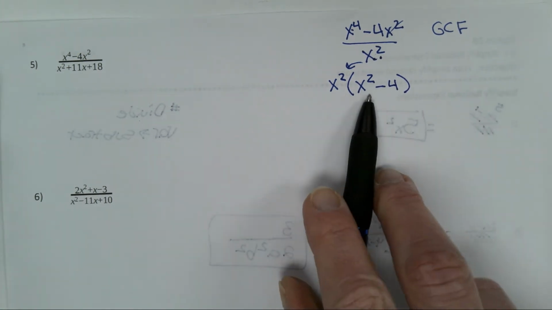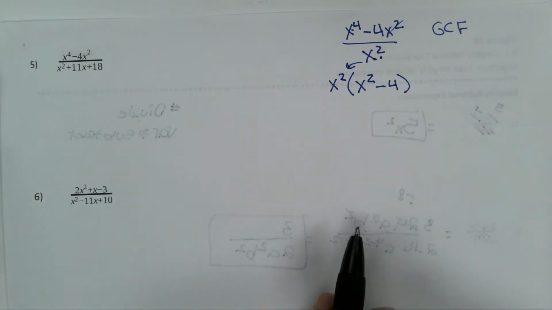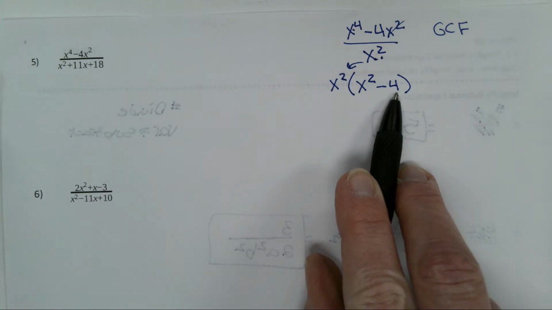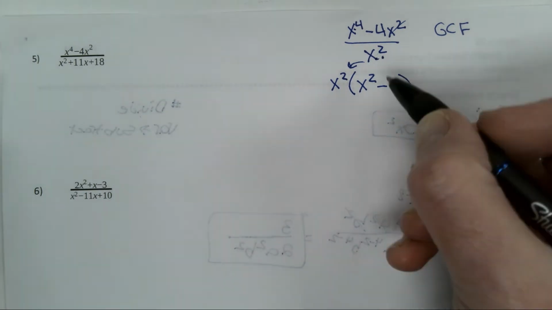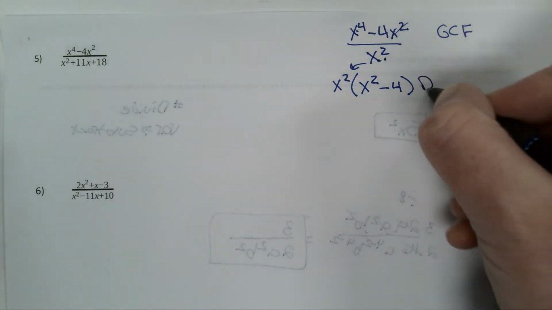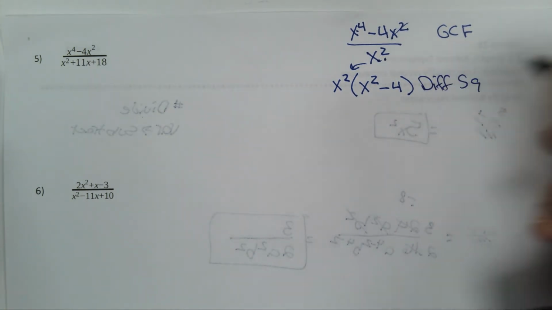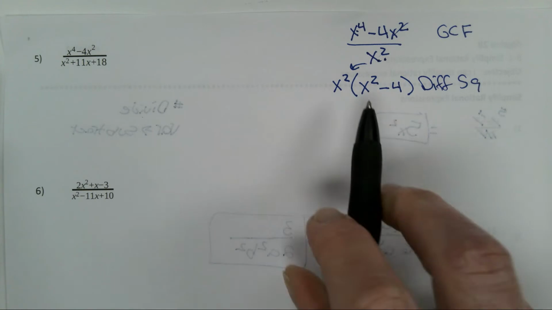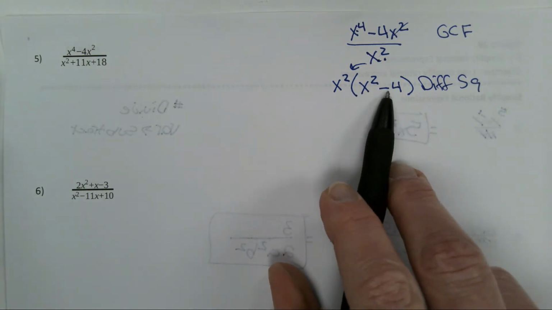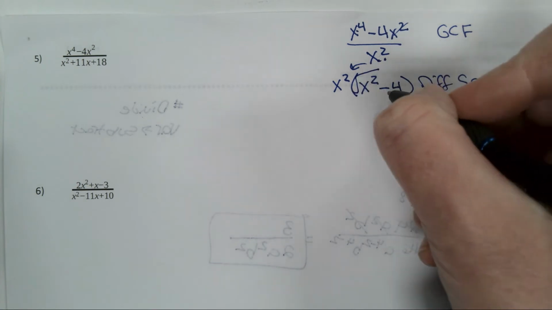Just because you factor once doesn't mean that you're done. You need to fully factor every single expression. X squared minus 4 is also the difference of squares, just like we did. I have two perfect squares, no middle term, and a subtraction sign.